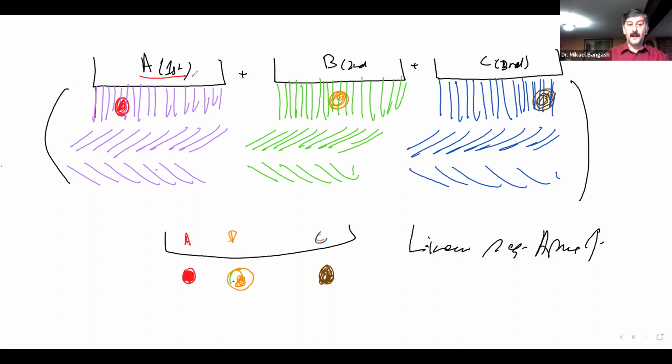But what we get as a result of our temporal compounding is that this frame is taken first, then this frame is taken, then this frame is taken, and they are being overlapped.